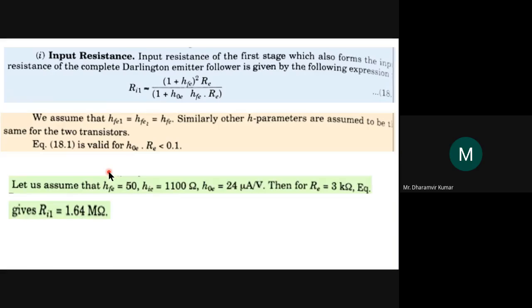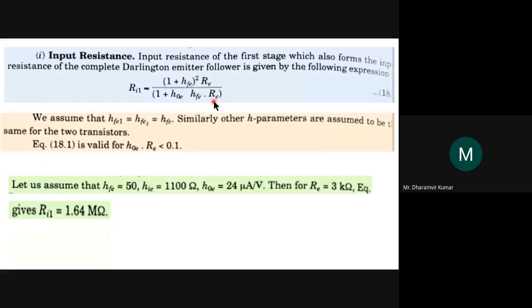For example, let us assume that HFE is 50, that is beta is taken as 50. HIE, the input impedance, is taken as around 1.1 kilo ohms, HOE output admittance is 24 into 10 to the minus 6 Siemens. Then for Re, look at this value, Re is 3 kilo ohms, generally a few kilo ohms.